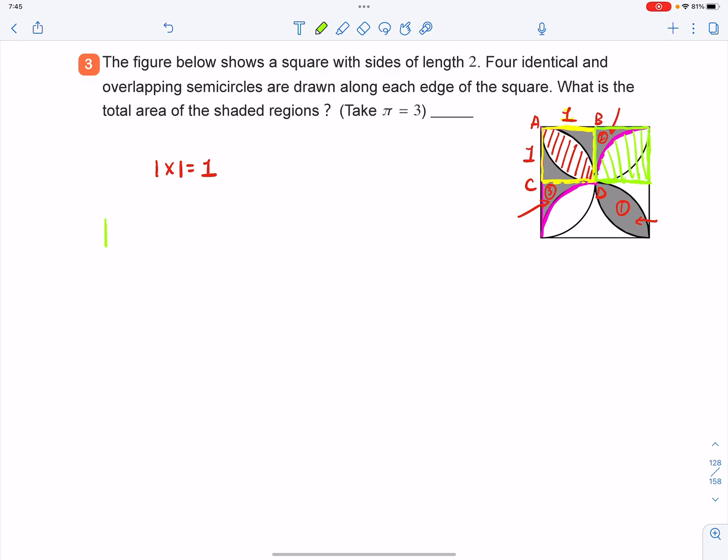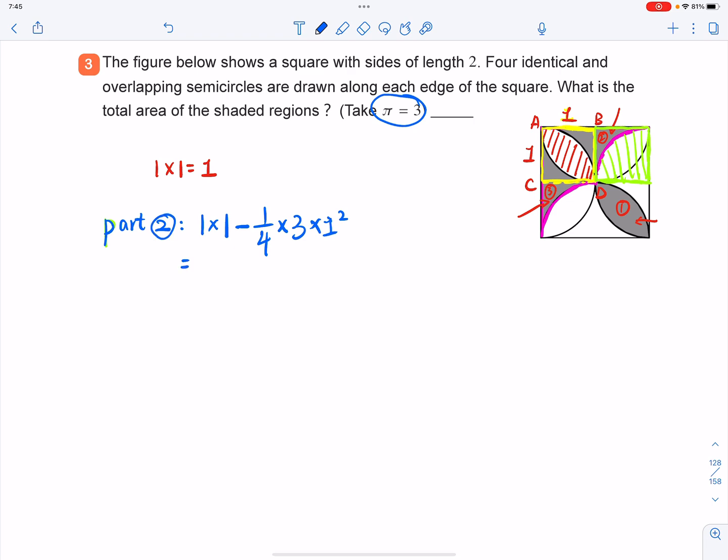So let's say area of part 2 equals the square, which is 1 times 1, take away that quarter circle, which is a quarter times pi r squared. So pi, you're going to take 3, so times 3, and times r squared. We know r equals 1, so that will be 1 squared.